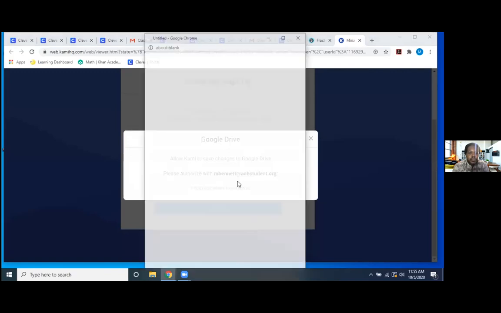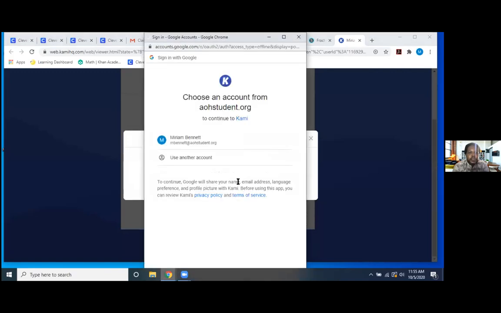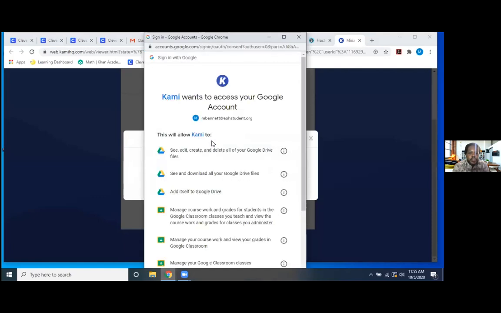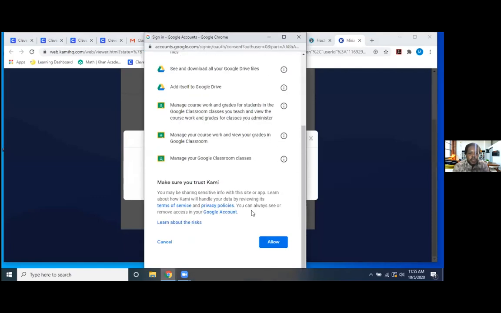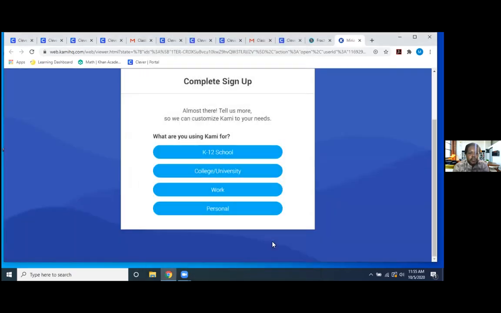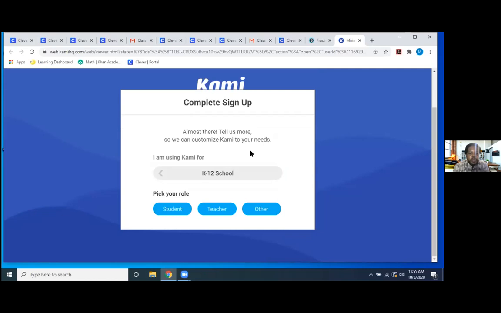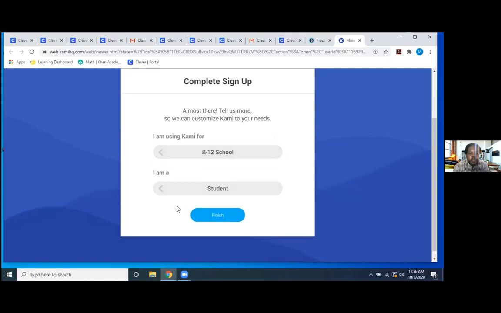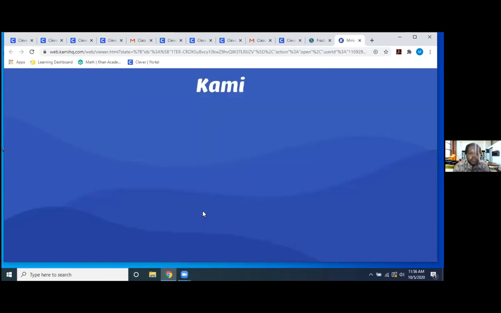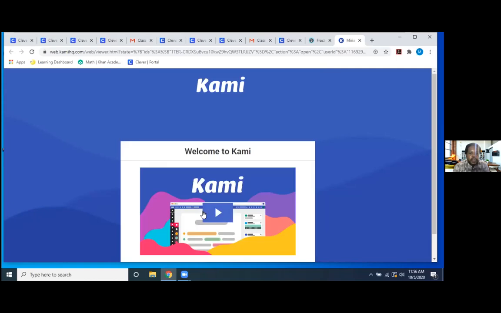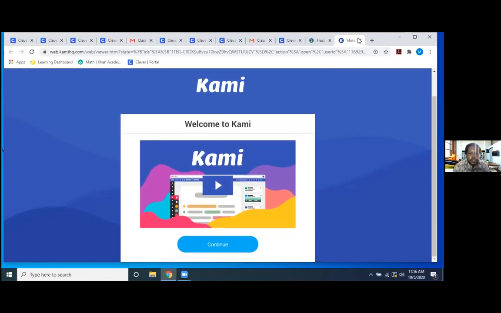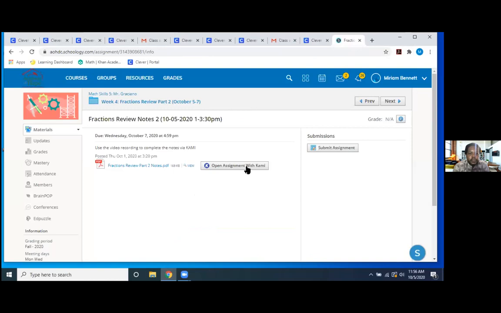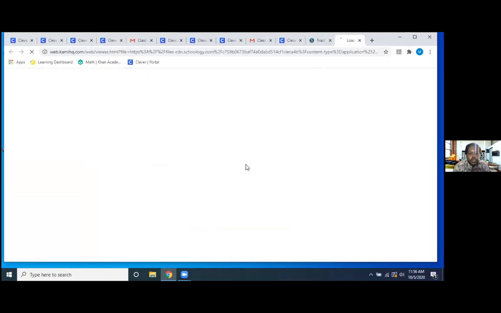And we're going to authorize Google Drive. So hopefully you won't have to do this again once I do it. Yes, I want to allow. Okay, you're a student. Finish. Now, open with Kami. It should do it automatically.